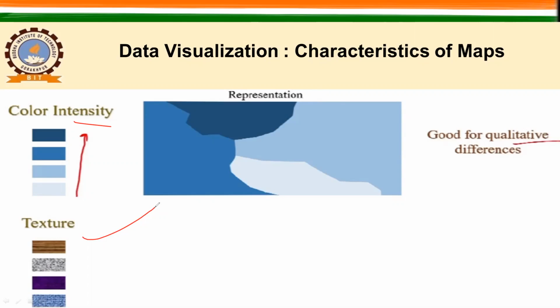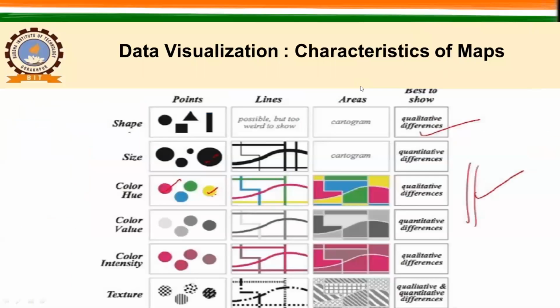So let us look at the other side. Now here it may be the safest zone, this may be the danger zone. So depending upon your application, you can use all these conventions or all these different types of shape, size, color intensity, texture to represent your data in your map.